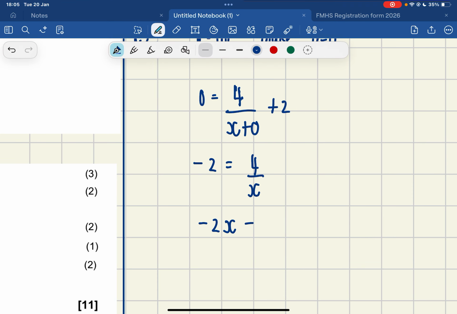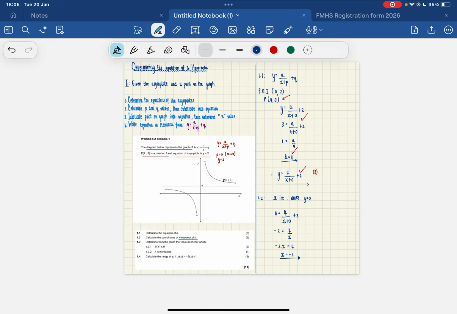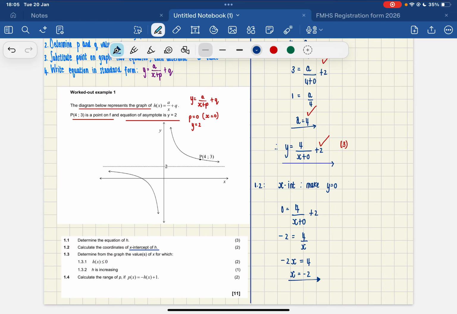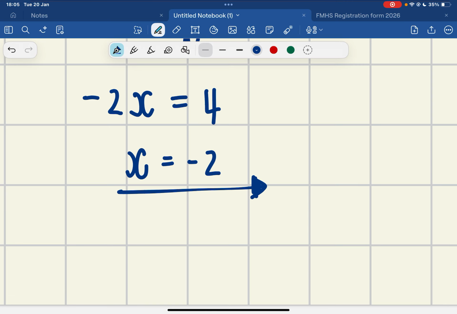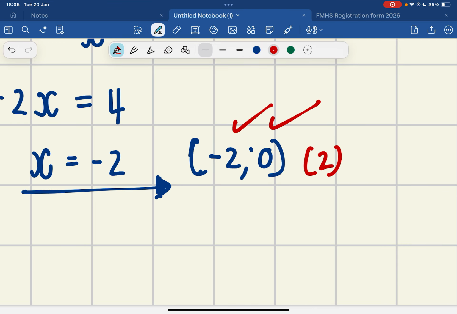Negative 2x rather is equal to 4, and x is equal to negative 2. Right? Perfect. And we wanted the coordinates, boys and girls. So when it's a coordinate, we put it in coordinate form. So that's given to us as negative 2, 0. It's easy. 2 marks.